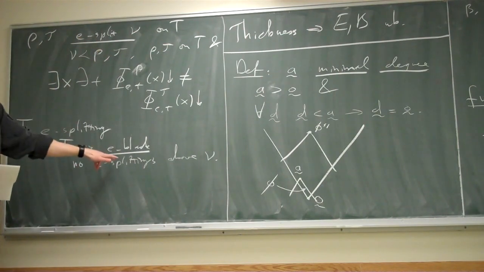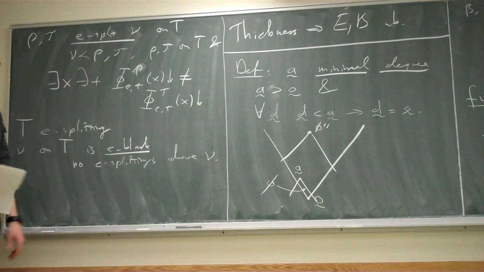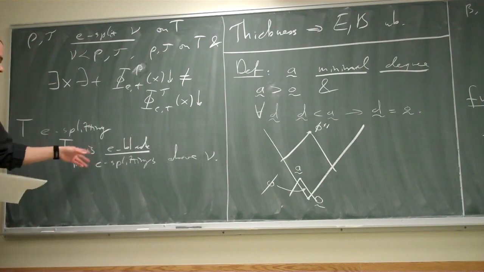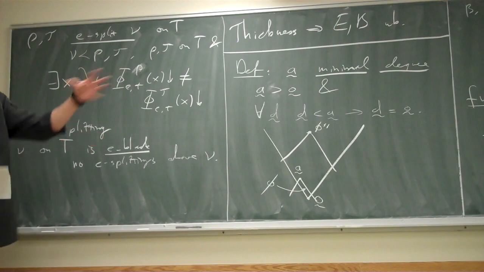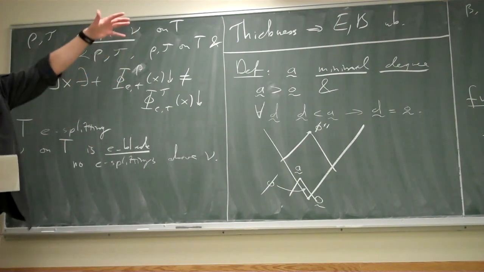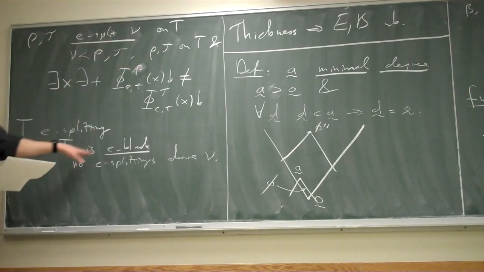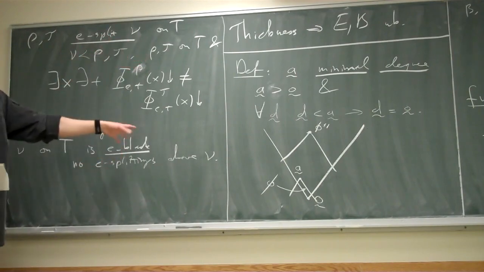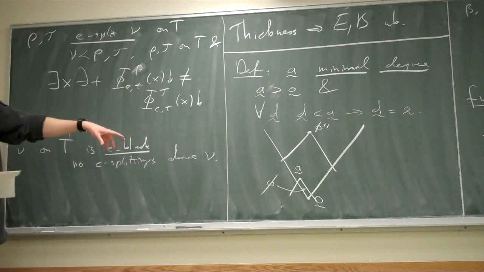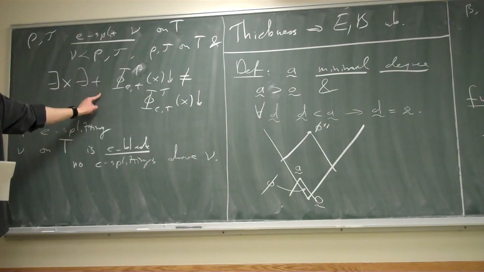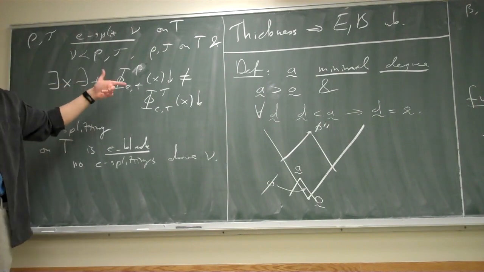But if it's E black, this strategy fails extraordinarily miserably. You could still have a finite number of e-splittings, and then your search for e-splitting stops. But when you're E black, you will never find an e-splitting. This is clearly something you can search for, and if you find it, you find it. If you don't find it, you never know you didn't find it. That's why it's sigma 1.